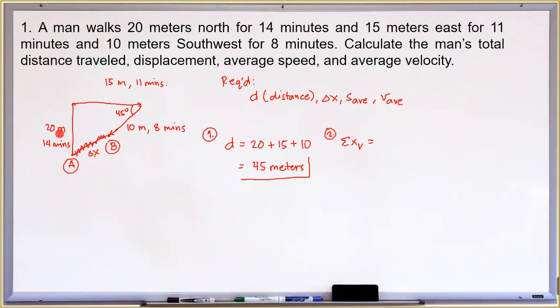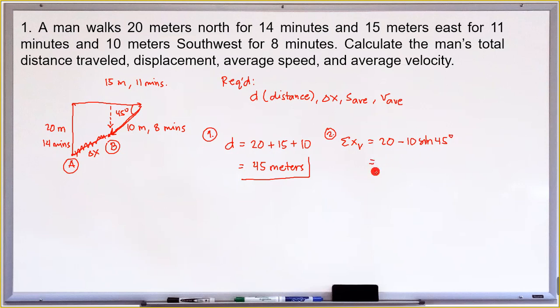We have 20 meters north, so positive going up, so we have 20. Now the last vector, 10 meters southwest, is negative. So its vertical component is minus 10 sine 45 degrees.